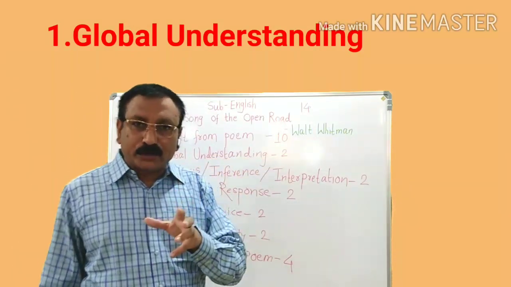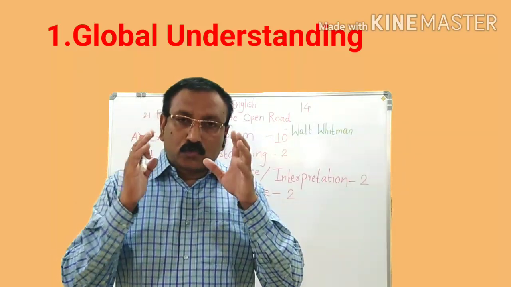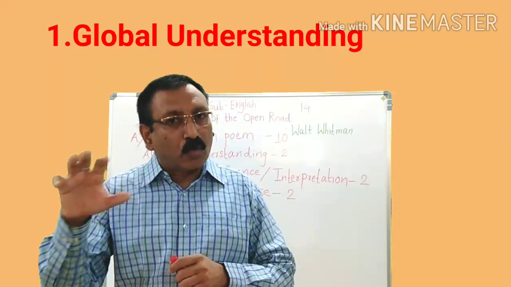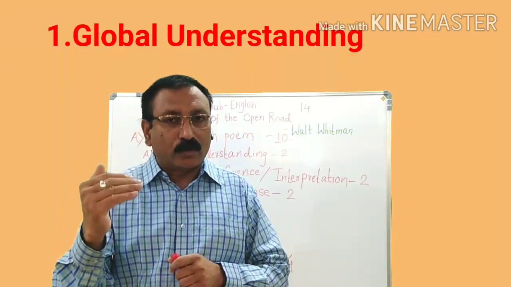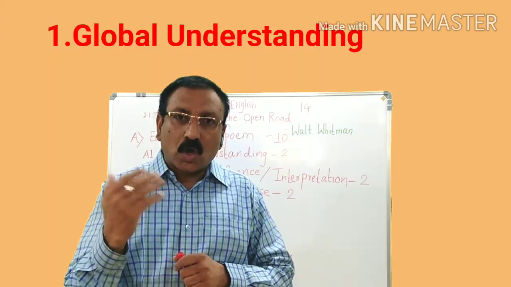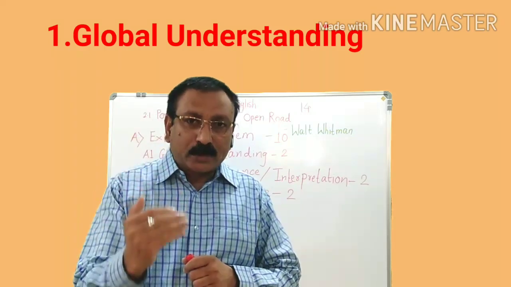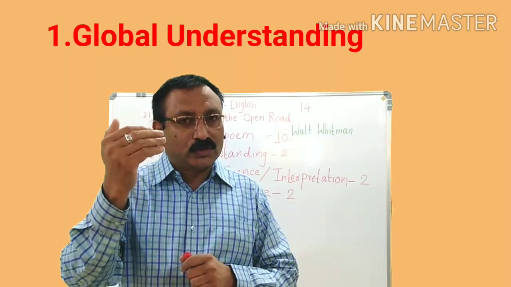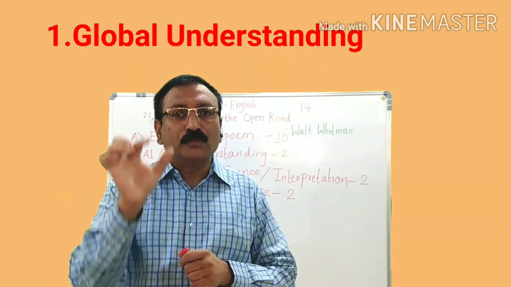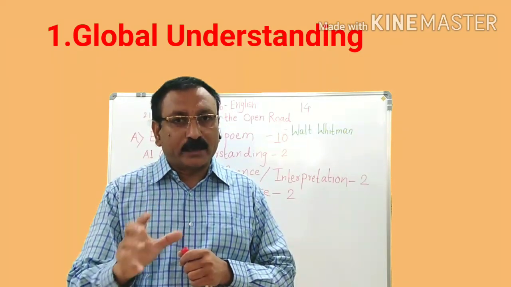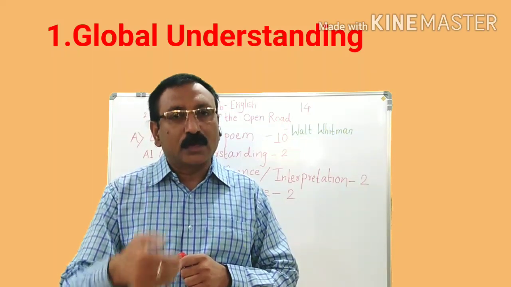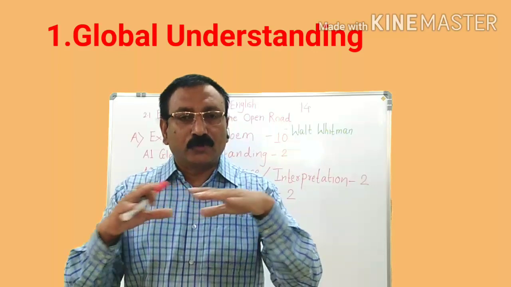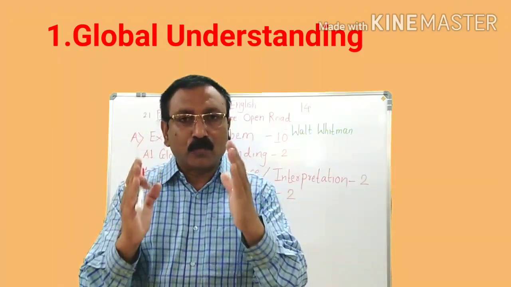In this activity, the question may be like: complete the following web with the help of the extract, or find out the statements which describe the theme of the poem. There you will have 4 statements, and out of them you will have to select 2 statements which describe the theme of the poem.